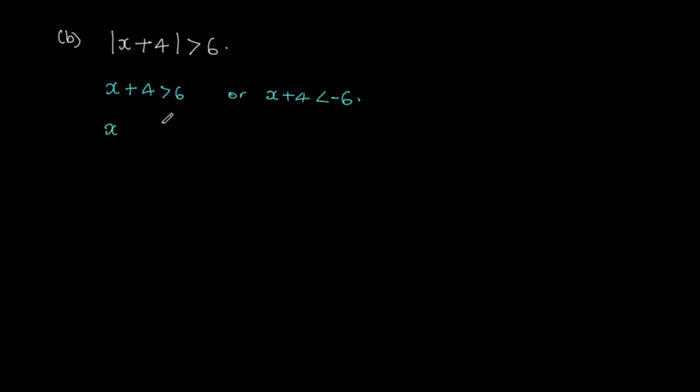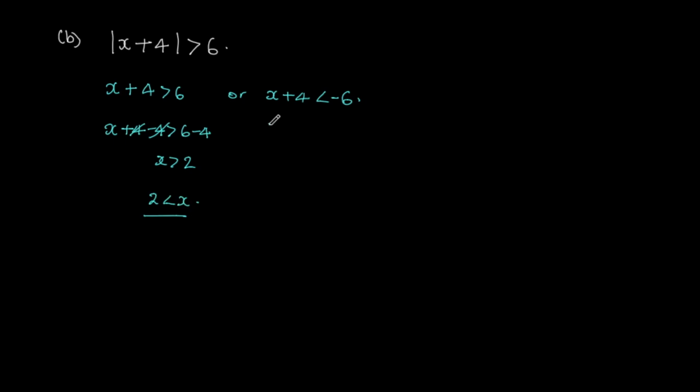Now collecting like terms, we'll have x is greater than 6 minus 4. Then our x is greater than 2. And again, we can write this one as 2 is less than x for easy graphing.